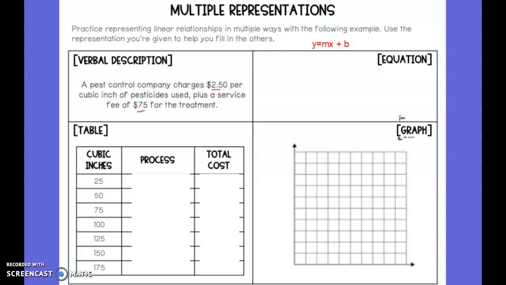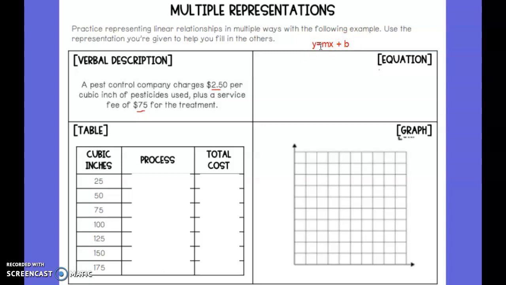Practice representing linear relationships in multiple ways with the following example. Use the representation you are given to help you fill in the others. A pest control company charges $2.50 per cubic inch of pesticides used, plus a service fee of $75 for the treatment. Whenever we're writing the equation, the standard form is y equals mx plus b, where b is your y-intercept and m is your constant rate of change.